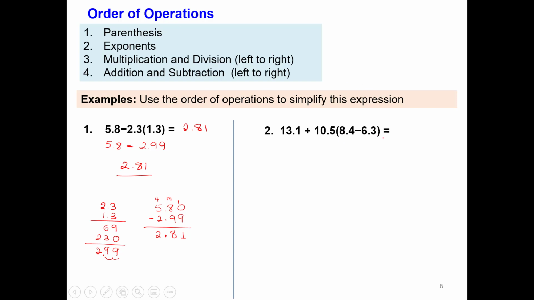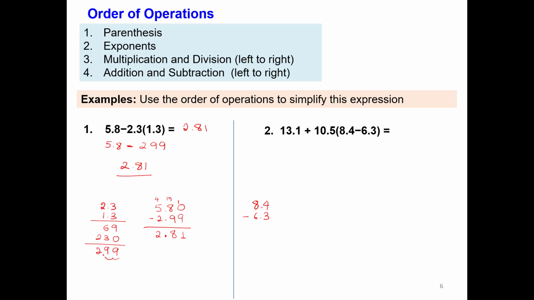Then we need to 8.4 minus 6.3. Remember, we always subtract the smaller number from the larger number. And then we will check the sign. Yes?